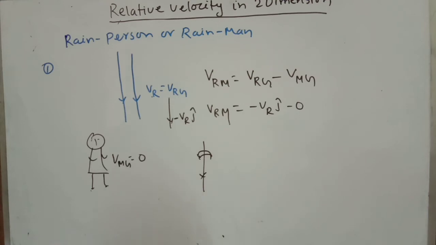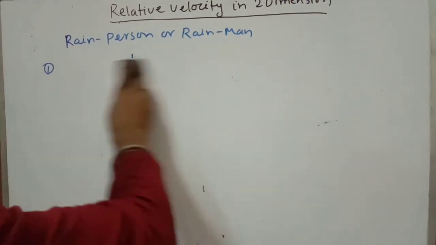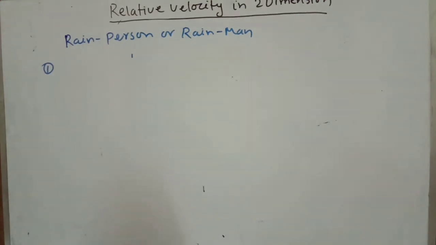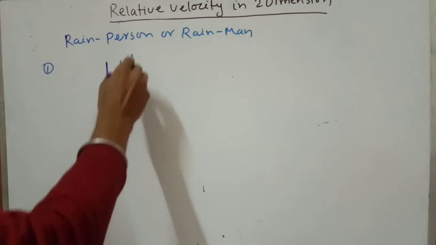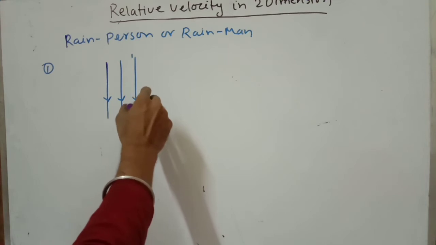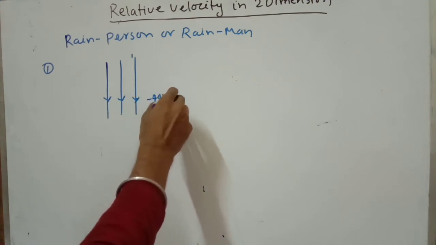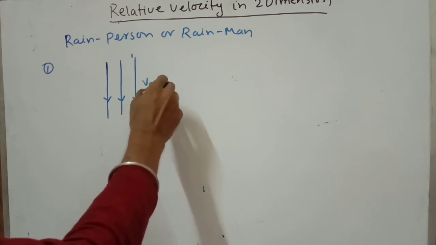Now, taking the next example, let me consider the rain speed as 40 meter per second, which is the velocity of rain with respect to ground.